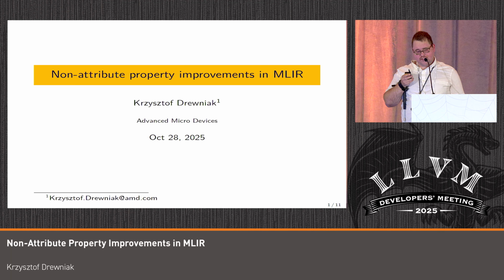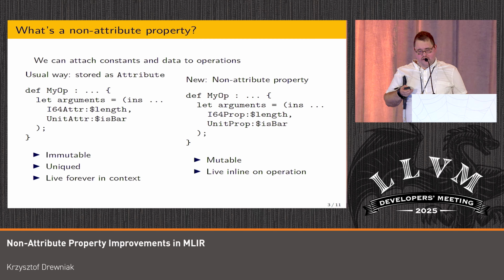So I'll begin with a little bit of history and context about properties and attributes in MLIR. Namely, when you're defining an operation in MLIR, you have several options for how to associate the constants and data and flags with that operation.